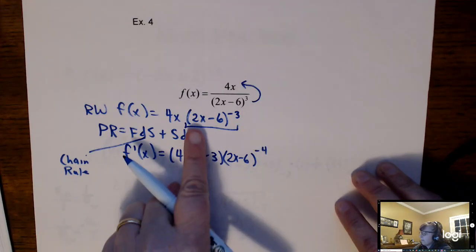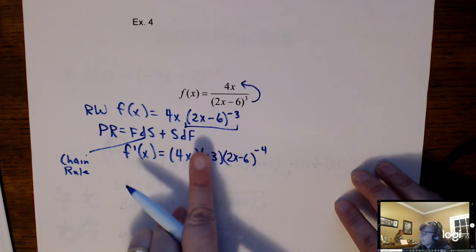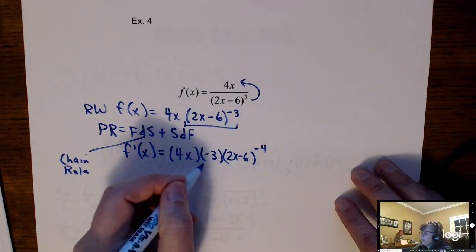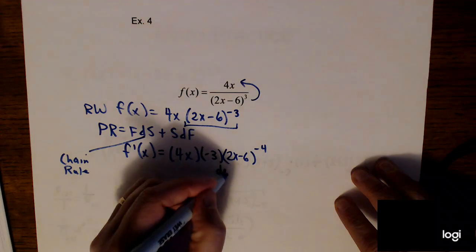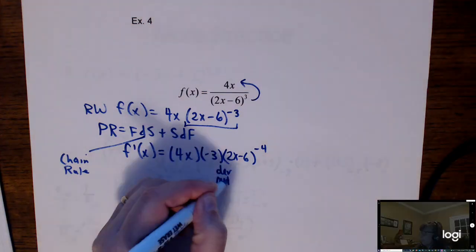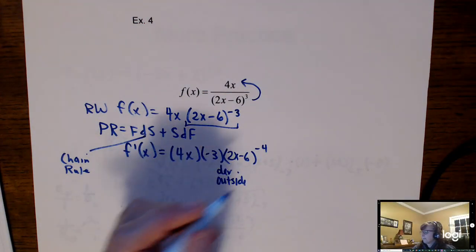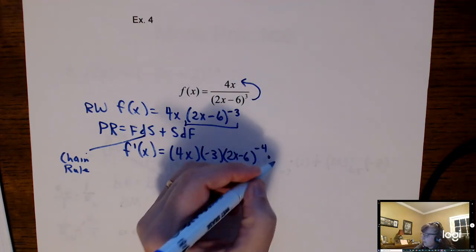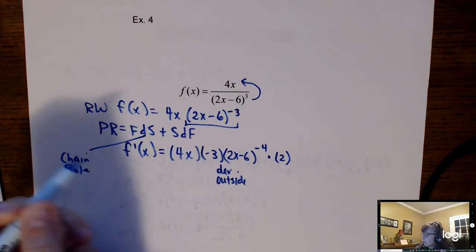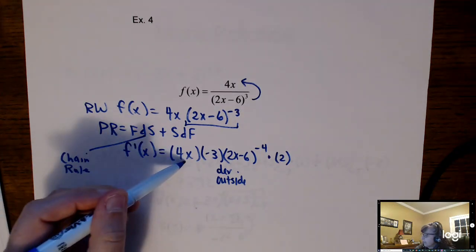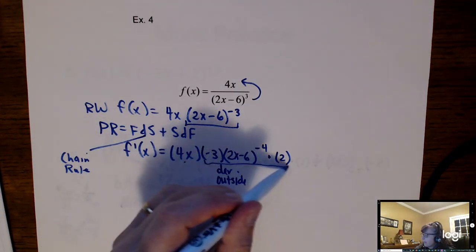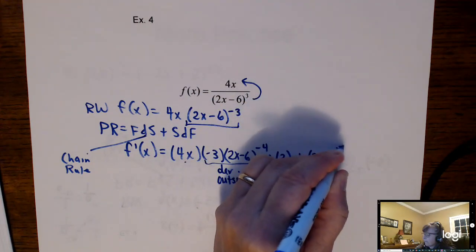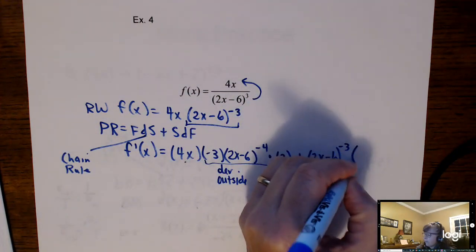So this to the negative 3 is negative 3 times this to the negative 4. That's part of it. That's the derivative of the outside times the derivative of the inside, just the 2x minus 6, which is just 2. Okay, so where were we? First times the derivative of the second plus the second times the derivative of the first.